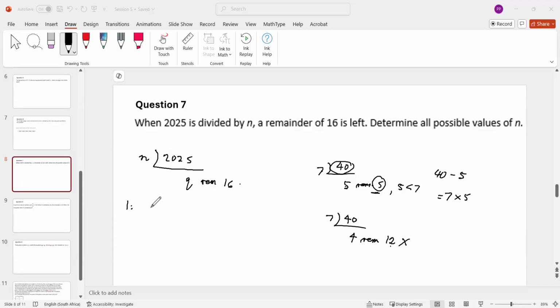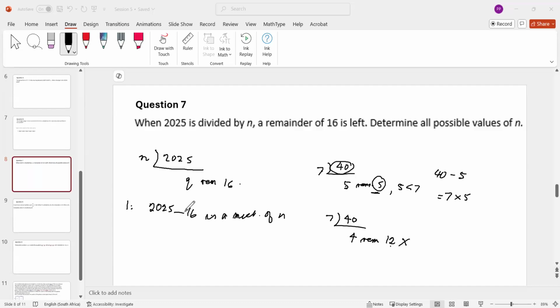One, 2025 minus 16, as we saw here, 40 minus 5, is a multiple of n. When you take the remainder out, then you know how many n's there are in 2025.